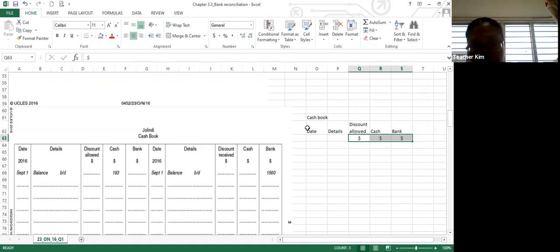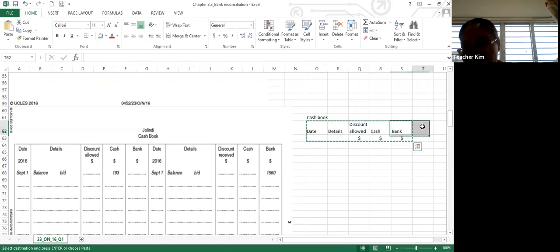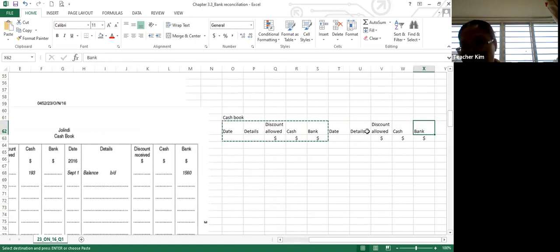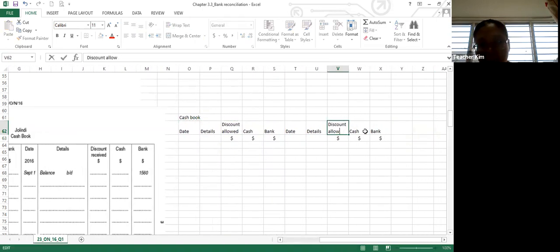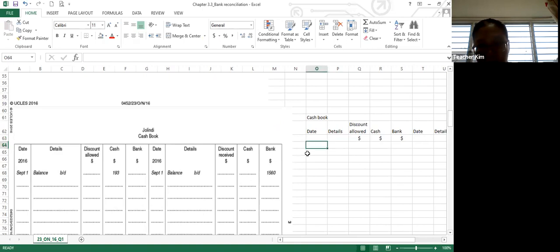Then the next columns, the credit side. Here, discount allowed. This side will be discount received.